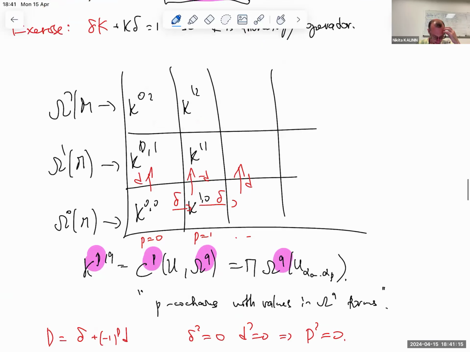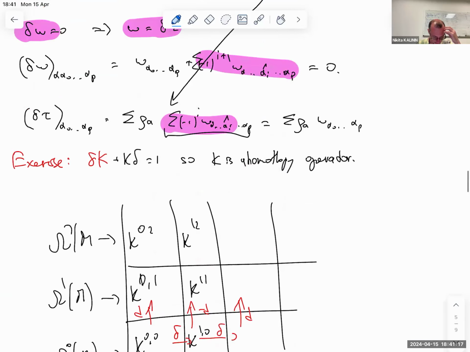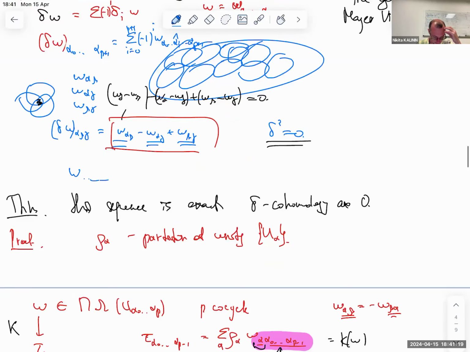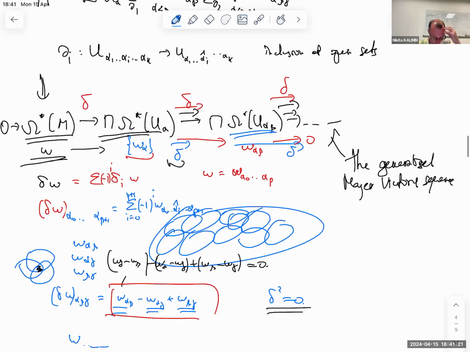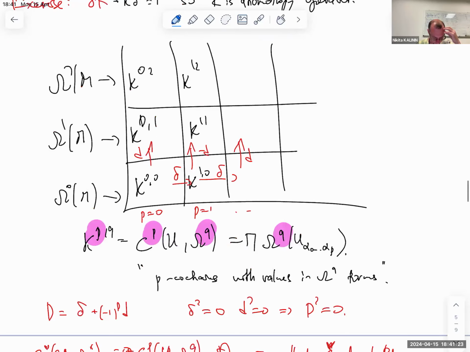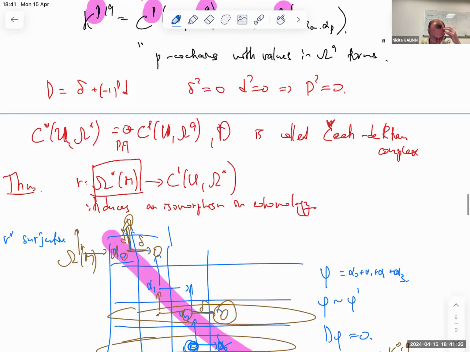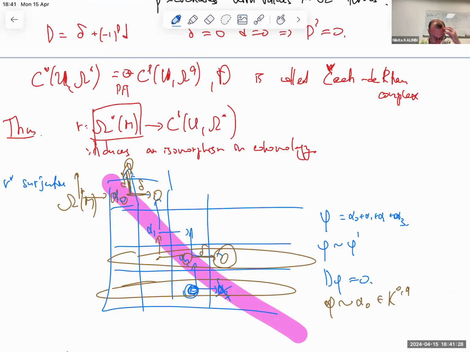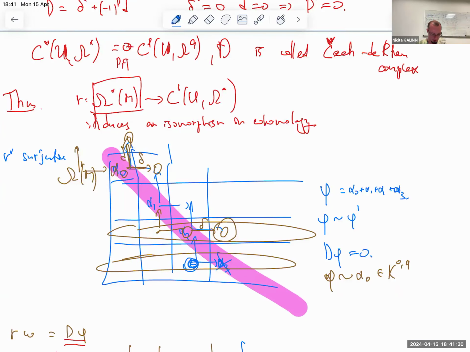And then maybe the main result of the last time was that there is a morphism between chain complexes from the forms to the Čech complex, and that induces an isomorphism.